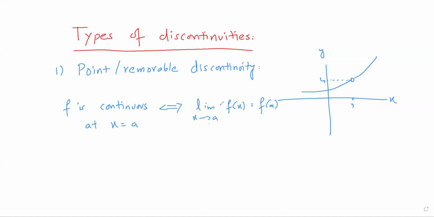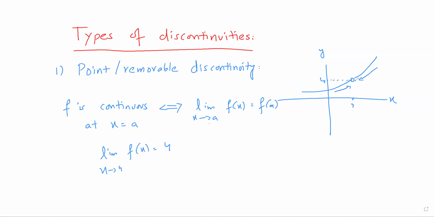the function is continuous. Now, if we consider this case, point or removable discontinuity, we approach 4 from the left-hand side and the function approaches 4. From the right-hand side, it also approaches 4. So we can say the limit exists: limit as x goes to 4 of f of x is equal to 4.